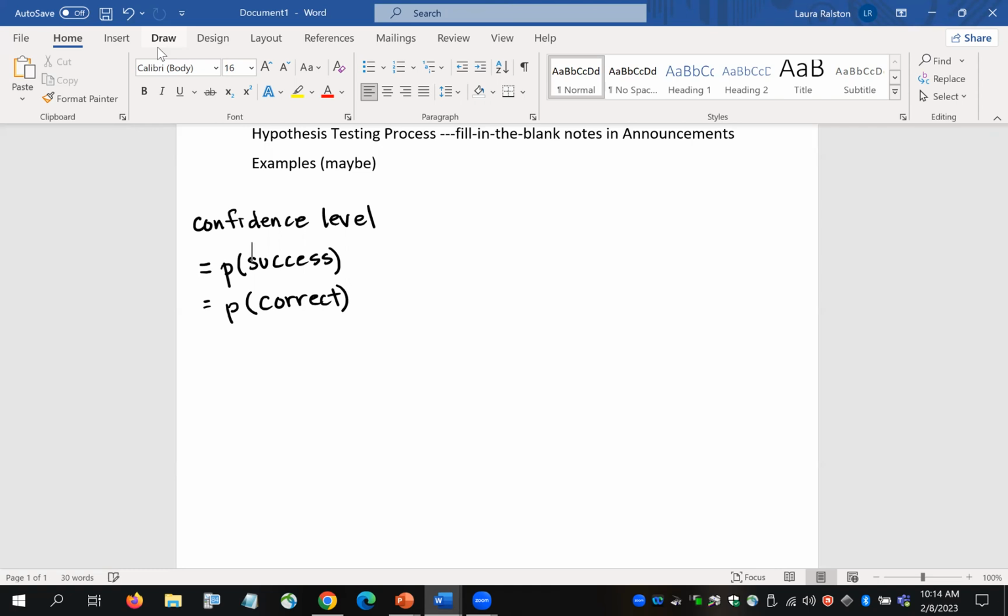How confident are you in your results? And again, the more popular confidence levels were 90%, 95%, and 99%.